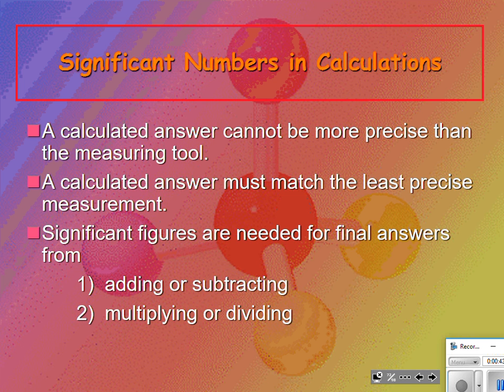So, we have rules with addition and subtraction. We have rules with multiplication and division, and they're different. So we treat addition and subtraction one way, and we treat multiplication and division in another way. And the biggest problem that I see, folks, is people mixing them up.